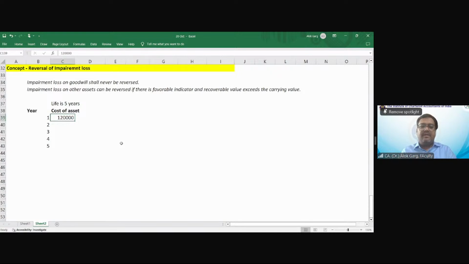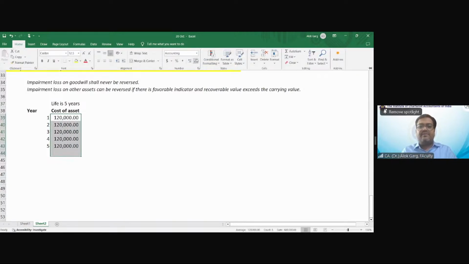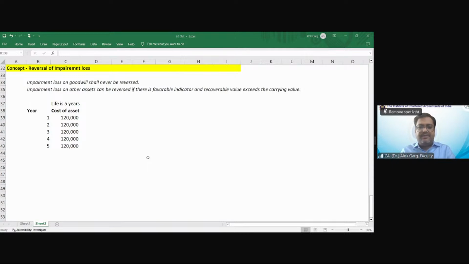Now, if life is 5 years, what is the depreciation? 1,20,000 divided by 5, that is 24,000. What is the carrying value at the end of the first year? And at the end of the second year? So this is gross block, depreciation, carrying value.